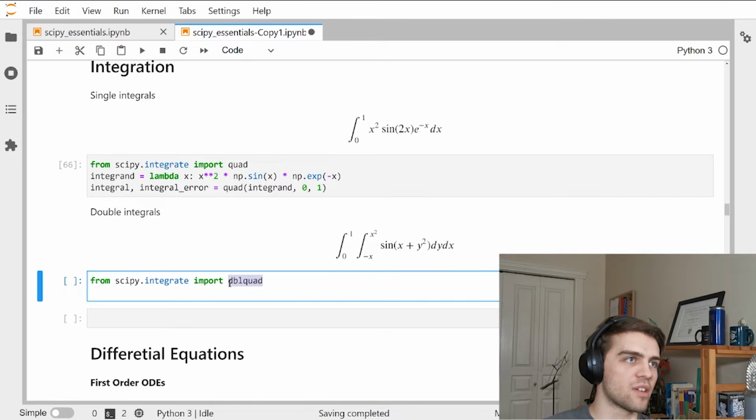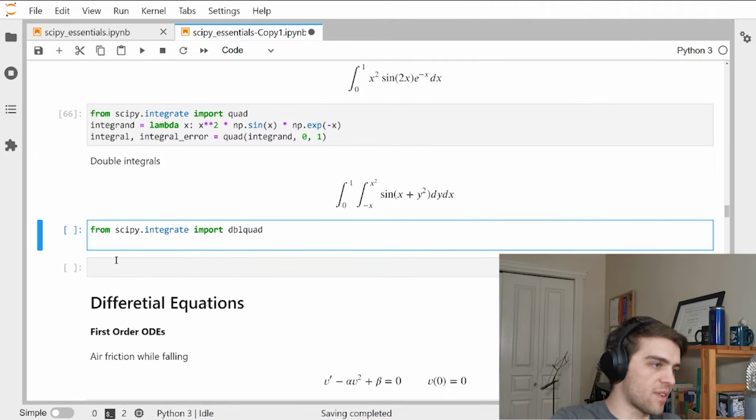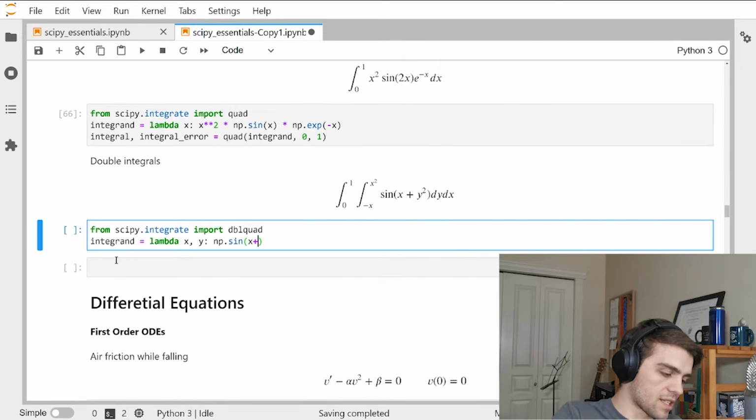And the function you would use here is dblquad, double quad, so double integral. So for this, I again need to specify the integrand. So integrand is equal to lambda. And here it takes in two values, x and y, and it returns np.sin(x plus y squared). So that's my integrand.